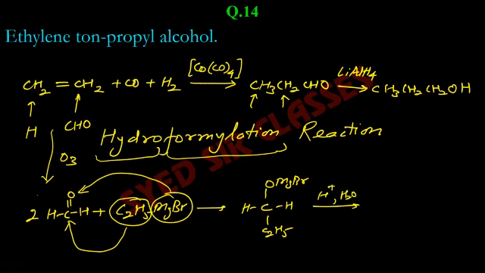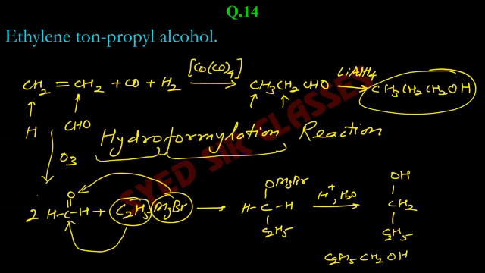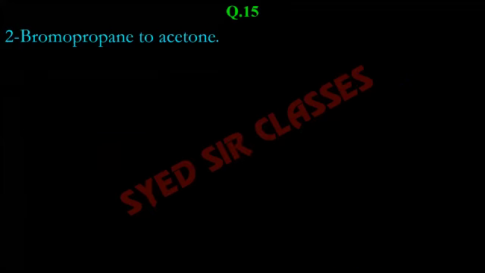When you do acidic hydrolysis, this will remain CH2, this will be C2H5, and this will get converted to OH. So it is actually C2H5CH2OH, which is the same as here. So that's another possibility. That will require 3 steps, while the first one will require 2 steps. And remember the hydroformylation reaction if you are planning to appear in JEE and NEET.